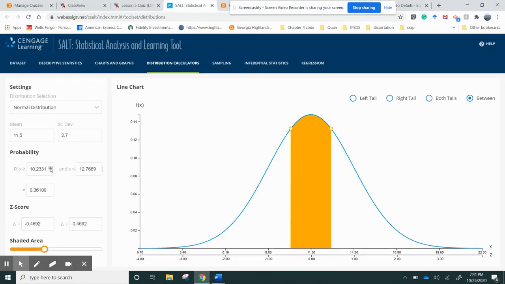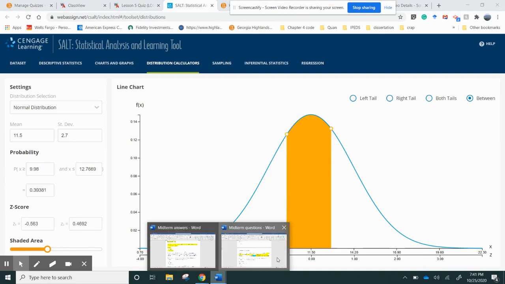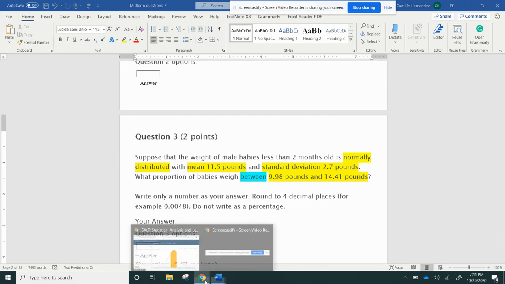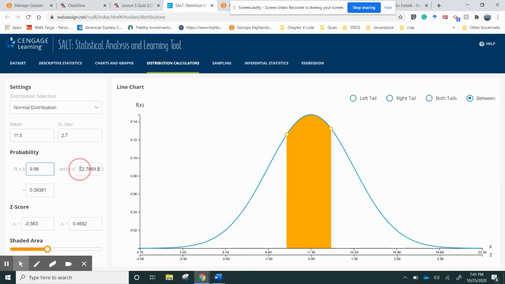So I'm going to put 9.98. And then the upper value it wants me to put is 14.41. Okay. So I'm showing it's going here from 9.98 all the way up to 14.41.